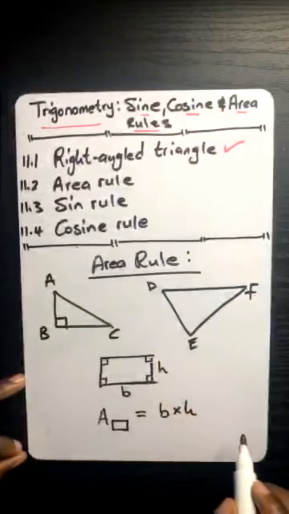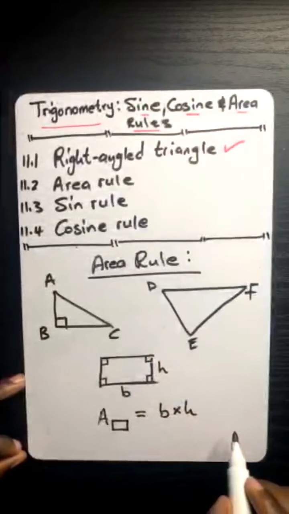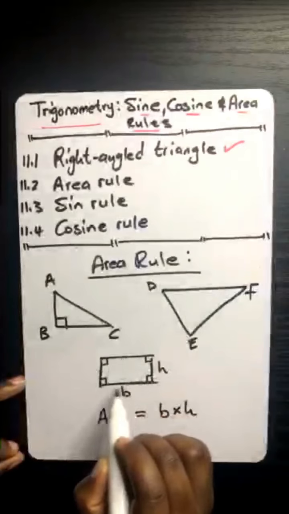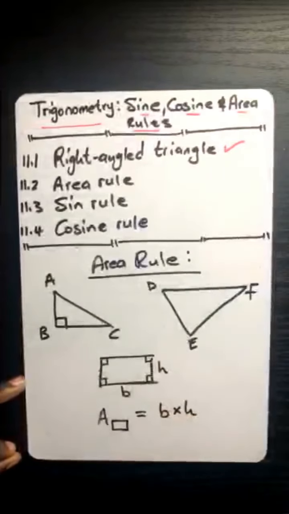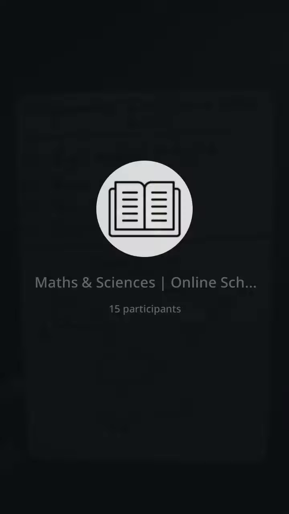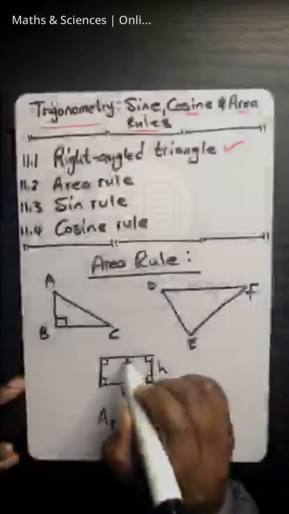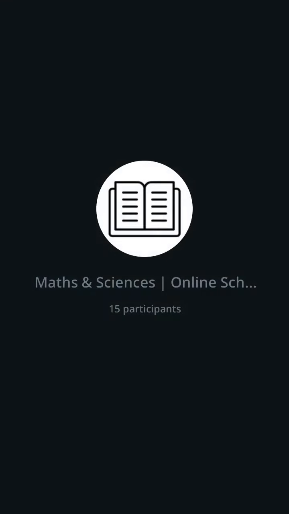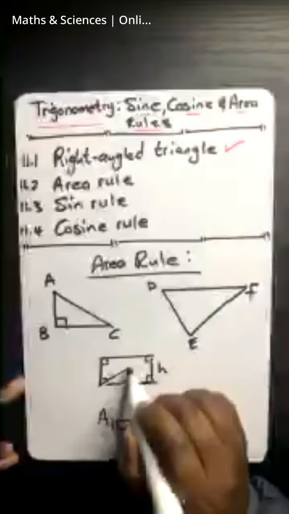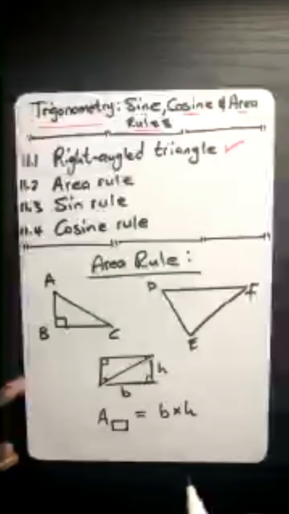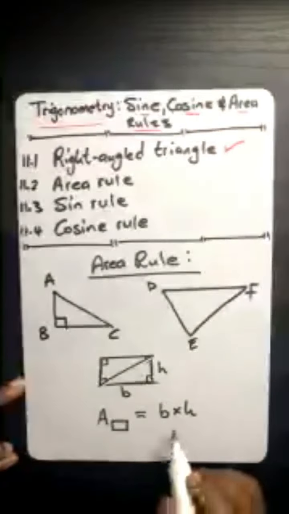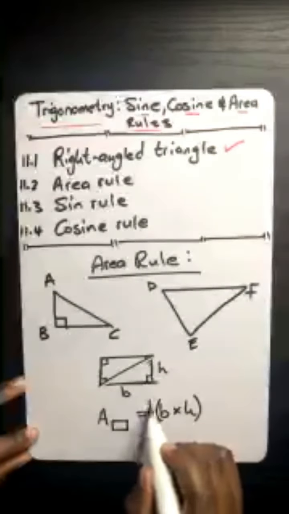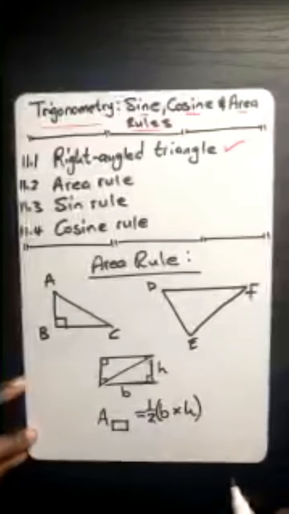A rectangle is a shape whereby this side is equal to that, and that is equal to that, and also the interior angles are equal. So the moment you cut this rectangle, maybe let's say you cut it like that, can you see that you've cut it in half?